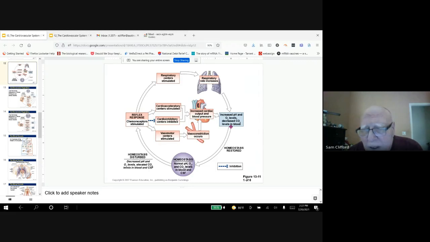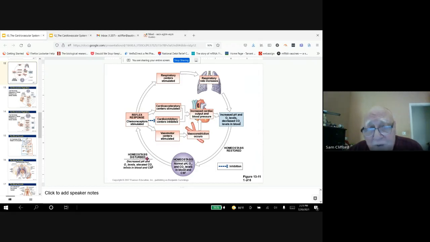So remember, CO2 plus water forms carbonic acid. If you have too much carbon dioxide, that's going to decrease pH, so it may go from 7.45 down to 7.35. If it goes much lower, that's big problems.